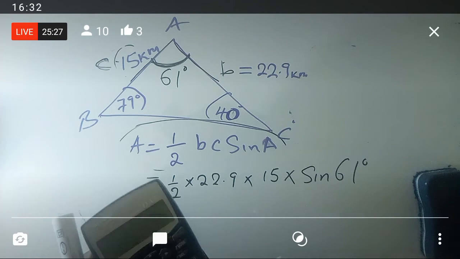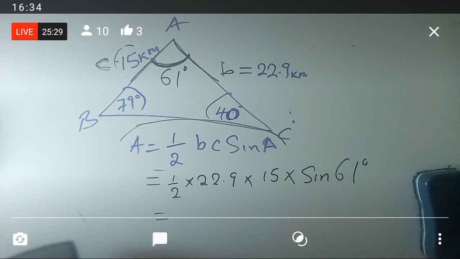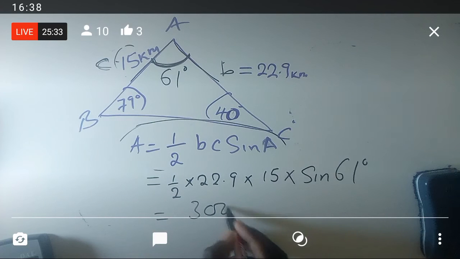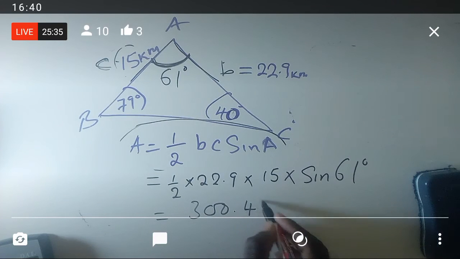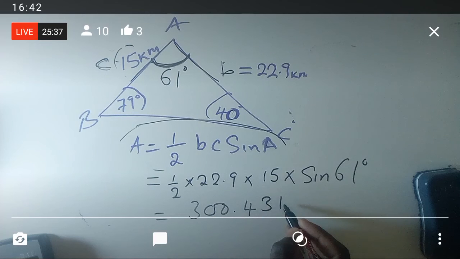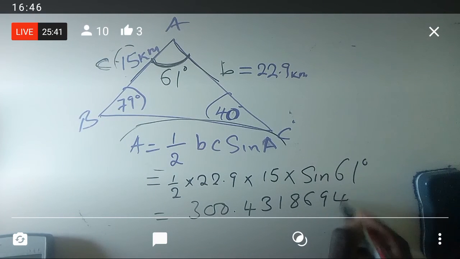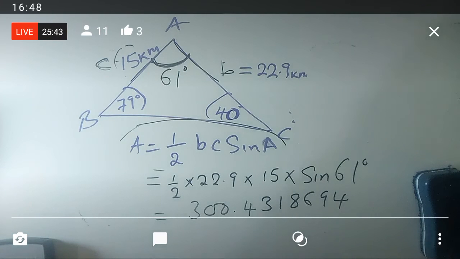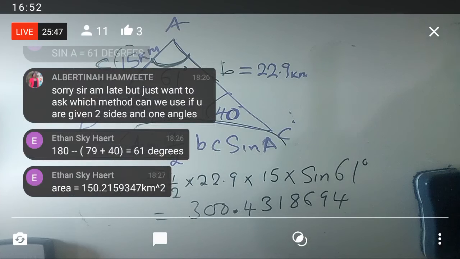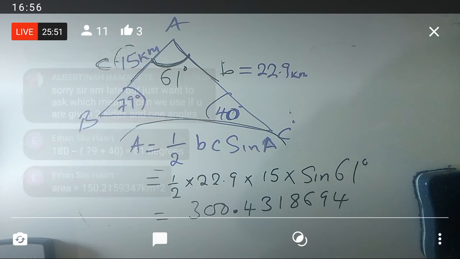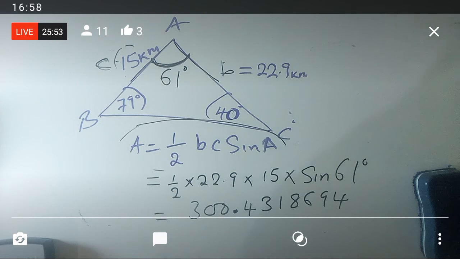It's giving me something like 300.4318694. Just confirm, those with calculators, confirm if this is what you are getting. Okay, somebody has already found the area. Ethan. Okay, that's good. Confirm if this is what you're finding.